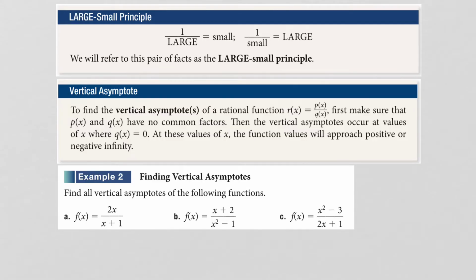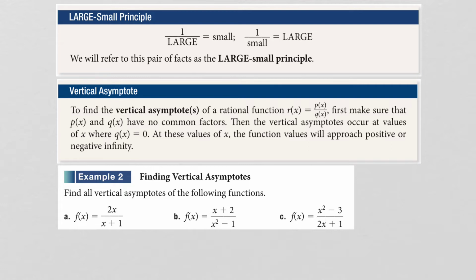Okay, next I want to talk about something that this book calls the large-small principle. It's really useful to have this concept understood, especially as you move toward calculus. We talk about this a lot. But the idea is this. When we say large, we're talking about a large number.